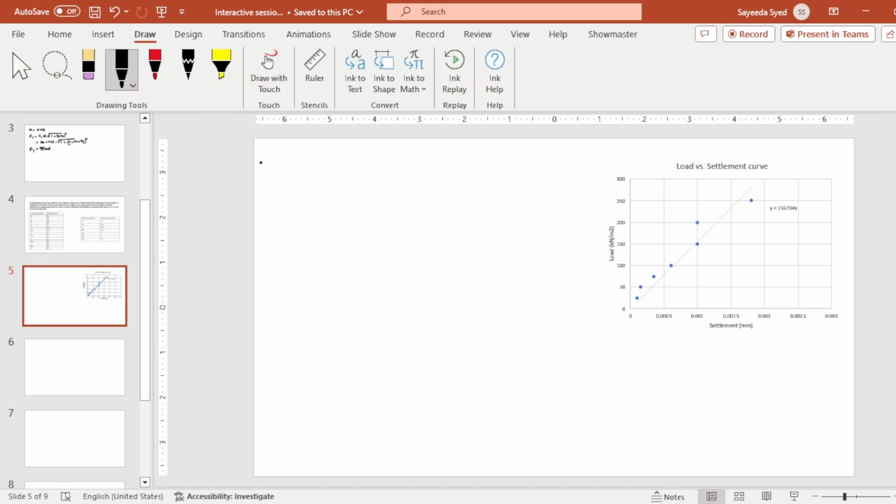The area of the plate used is 0.3 into 0.3, 0.09 meter square.